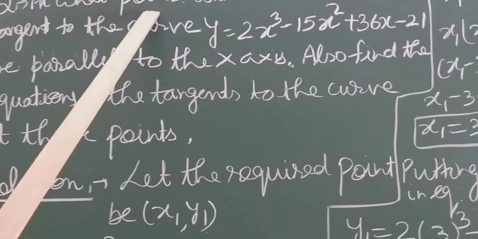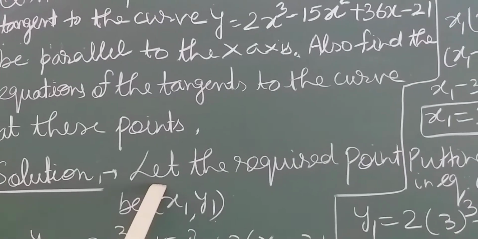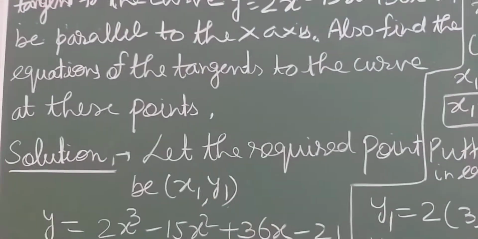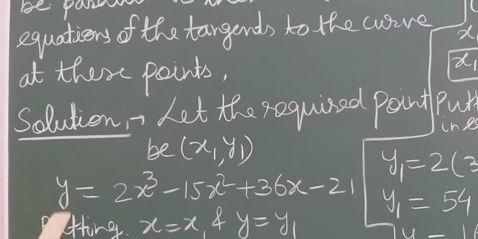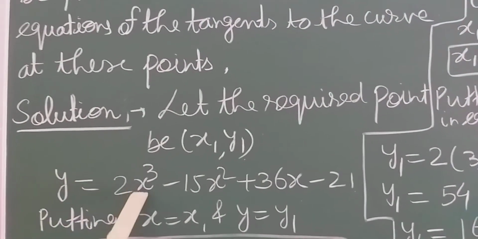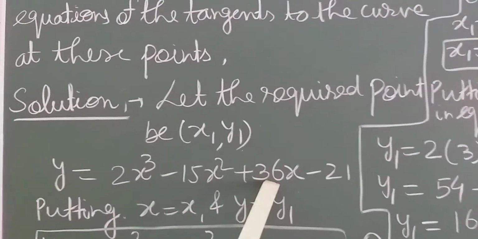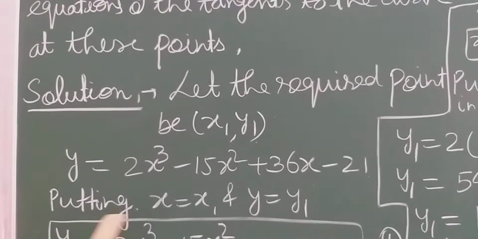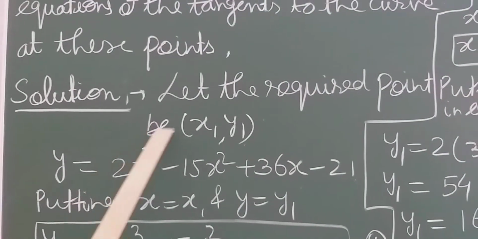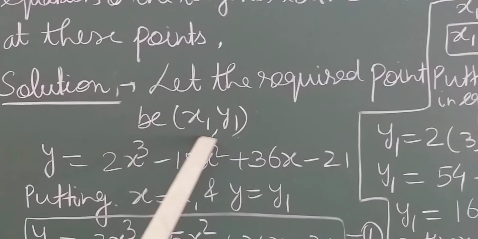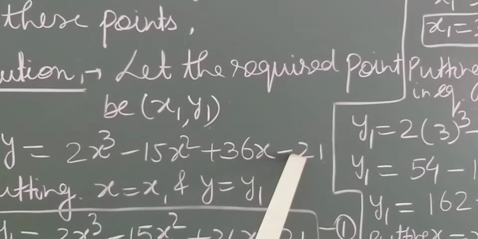To find the point, we suppose, let the required point be (x1, y1). And this is the equation of the curve: y equals 2x cube minus 15x square plus 36x minus 21. So students, the point is (x1, y1), and the point must lie on the curve.